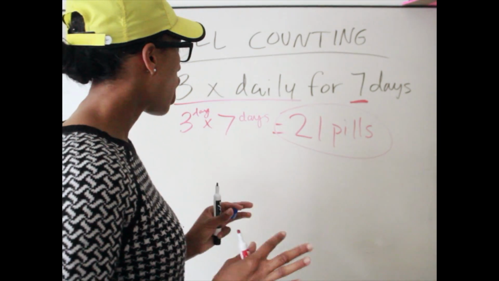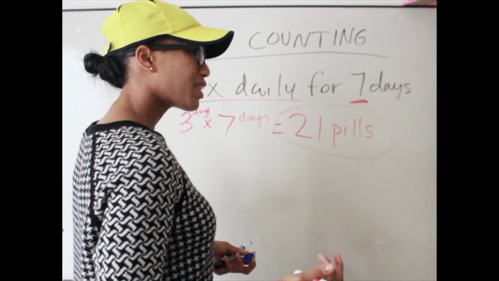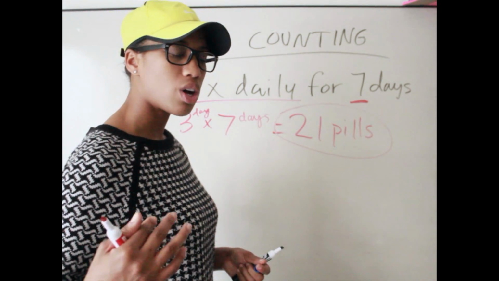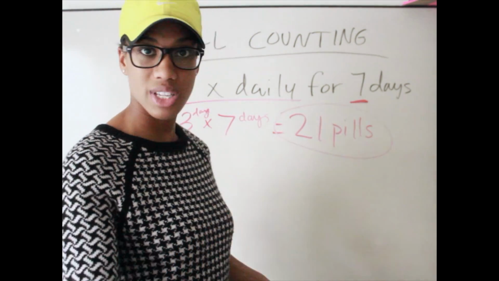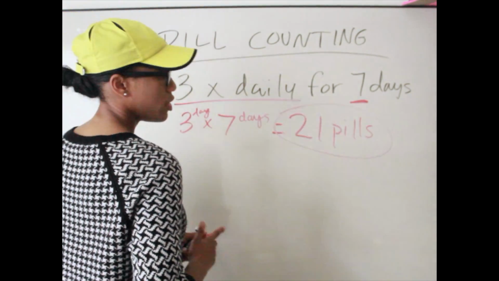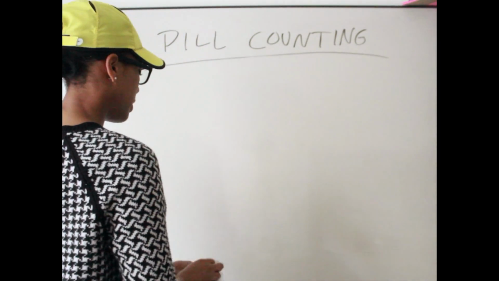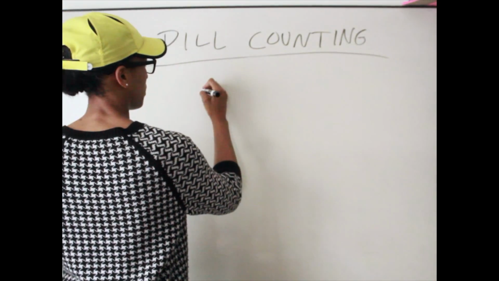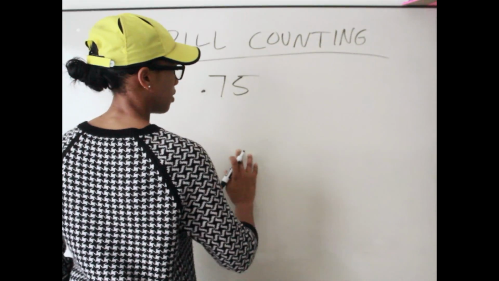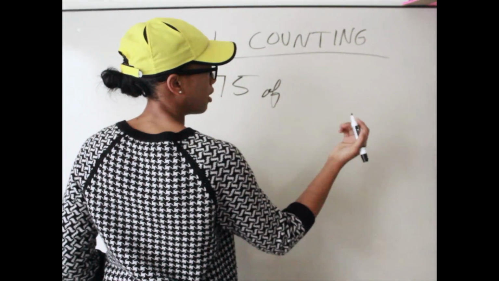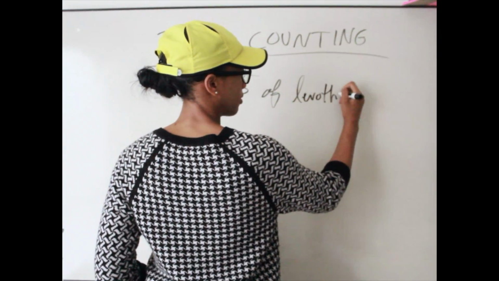Okay, so now let's talk about a case where it said, and typically you'll get this not really so much in retail pharmacy, but you will get it in clinical or in like a hospital setting. Okay, so let's say they asked for 0.75 of levothyroxine.